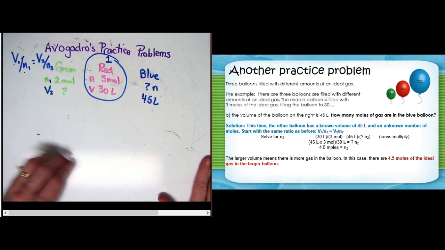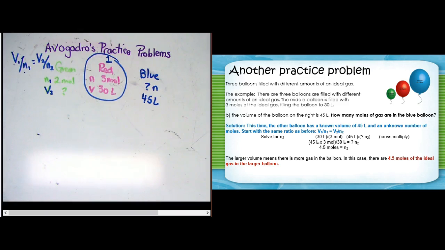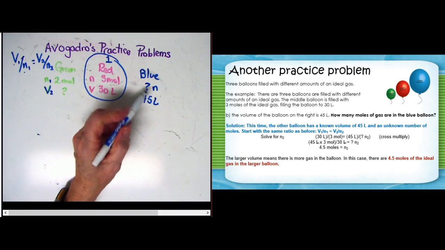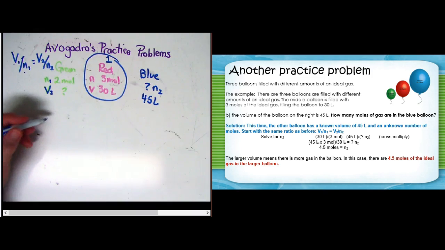We are still using red as our V1, N1, but in this particular case we're trying to solve for N2. Alright, so we're going to do the same thing here.